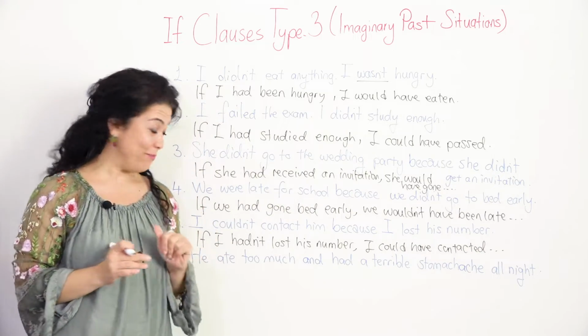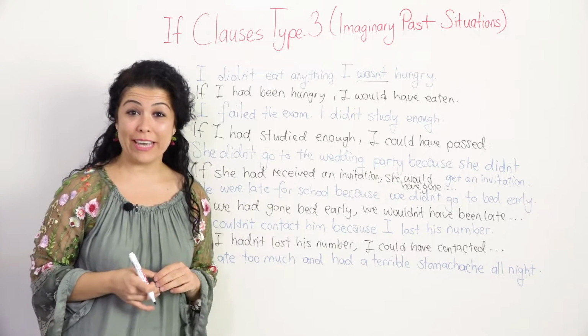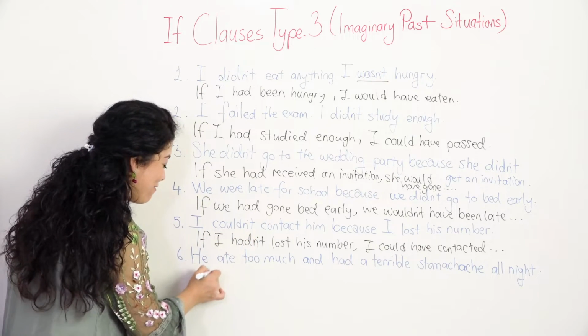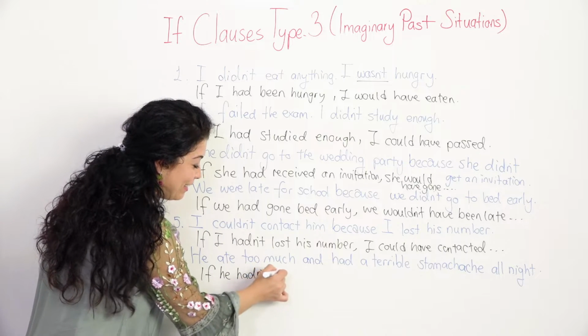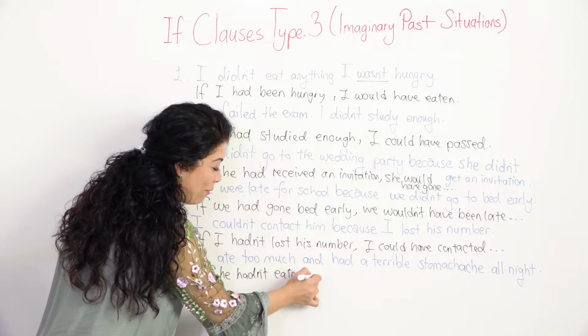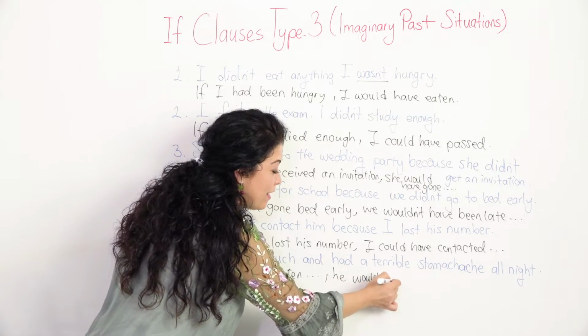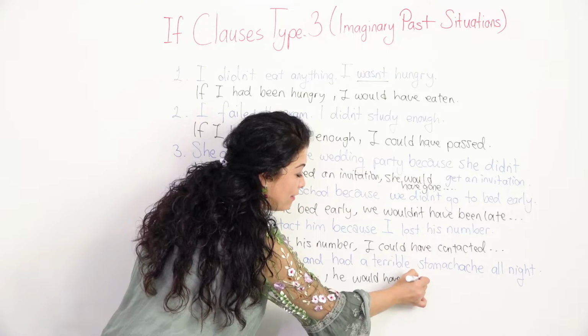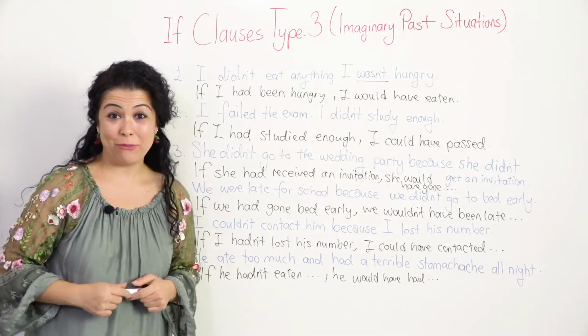Right, the last one. He ate too much and had a terrible stomachache all night. If he hadn't eaten so much, he wouldn't have had a stomachache. I hope this was helpful.